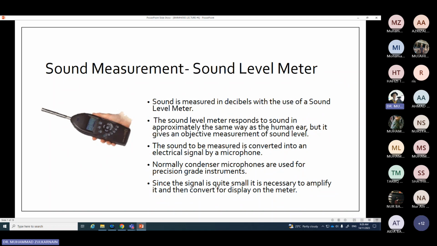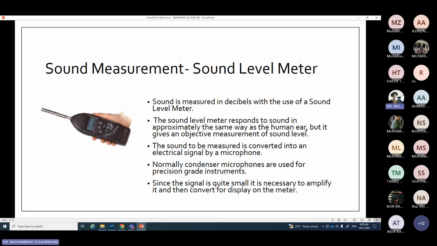Maybe this measurement will be related to human comfort, and then maybe to other conditions. In human comfort, they will typically use equipment that relates to the human ear.